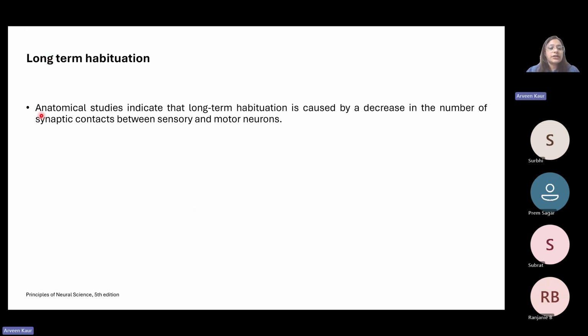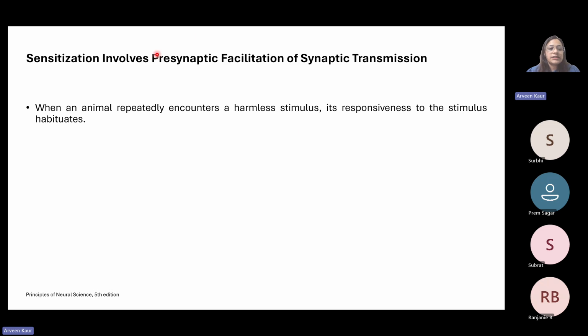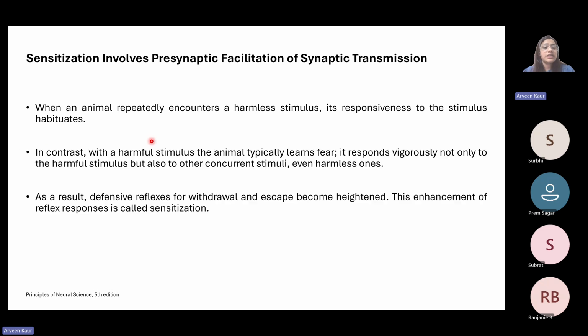Then comes long-term habituation. So what is it? Anatomical studies indicate that long-term habituation is caused by a decrease in the number of synaptic contacts between sensory as well as motor neurons, right? Then there is sensitization, which involves presynaptic facilitation of synaptic transmission. When the animal repeatedly encounters a harmless stimulus, its responsiveness to the stimulus habituates.